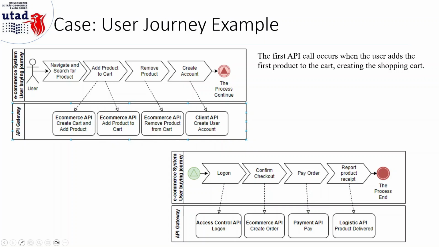If not previously authenticated, they have to create an account and log on. Then confirm the cart checkout and fill in payment data. After authorizing the payment with the payment provider, the e-commerce system sends the order to the logistics system to deliver the product to the user. In some steps of the process, the e-commerce system interacts with some API operations.